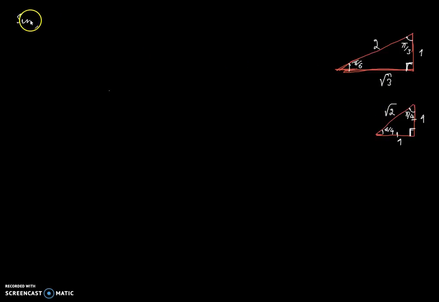You can write sine pi by 4 is equal to, basically you take this angle, and sine pi by 4 would be the opposite side divided by the hypotenuse. So it would be 1 by root 2.